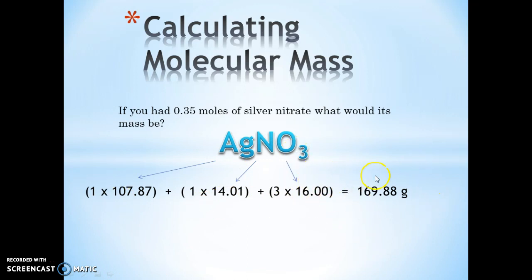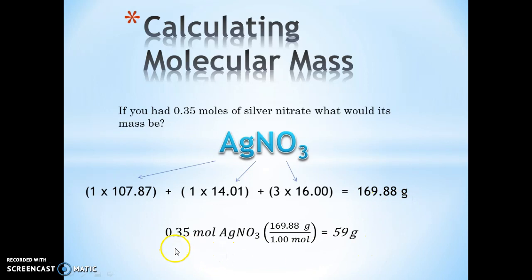Add those all together, and I would have 169.88 grams per mole. Then I would use my conversion of 0.35 moles of silver nitrate multiplied by the conversion factor 169.88 over 1. And that would give me 59 grams of silver nitrate. Notice that in all my examples, I was paying attention to my sig figs and making sure I didn't put too many sig figs into my answer.